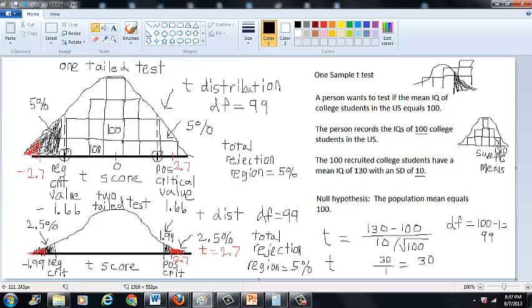So basically, if you end up collecting a sample that gives you a t-score in the rejection region down here, or if you get a data set with a t-score up here above the positive critical value, both of those data sets would be considered to be showing strong evidence that the null is wrong, because both of them are far away from zero.